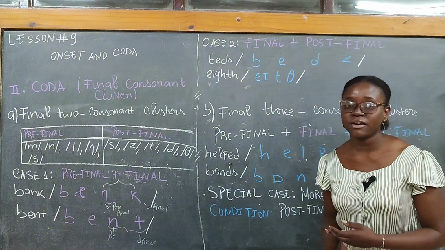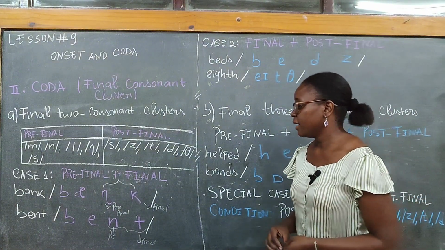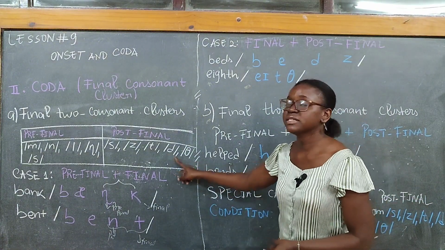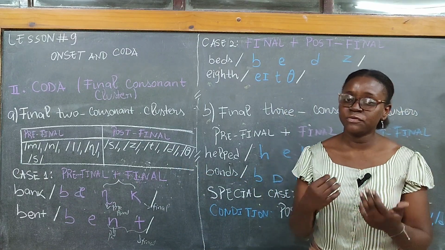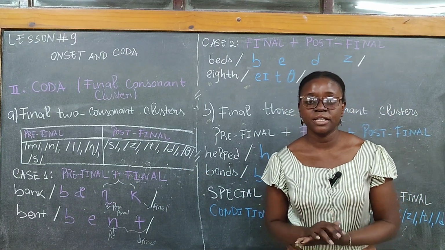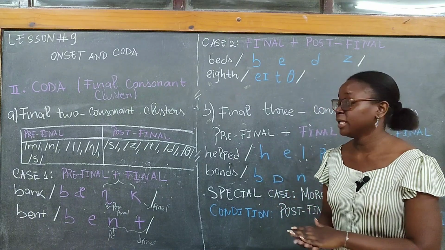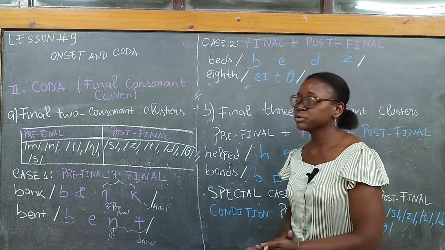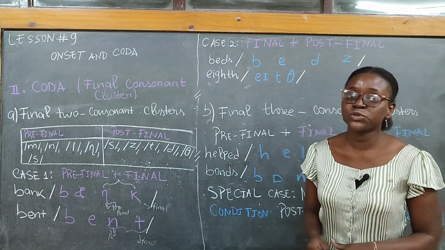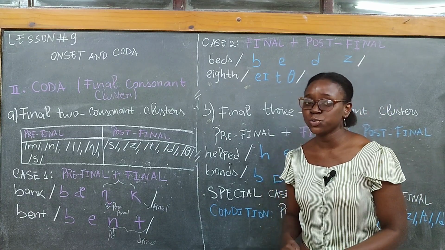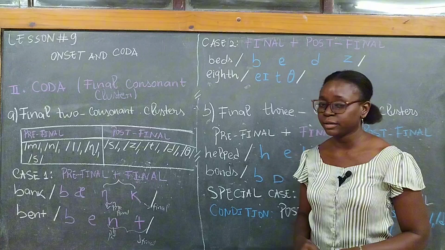If you have any doubts, I advise you to write down this list so that when you are before a syllabic division or syllabic analysis, you will be able to tell with no mistake which one is a final, which one is a pre-final, and which one is a post-final.